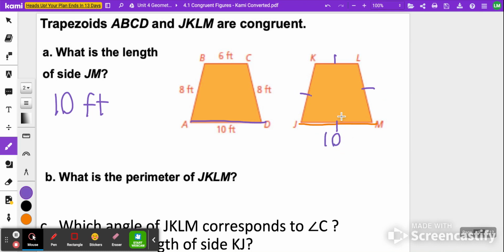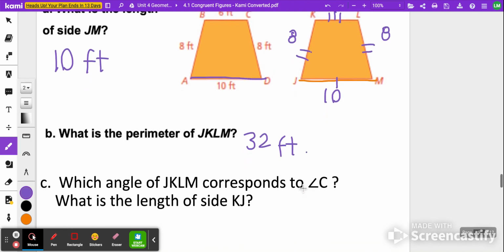Since these are the same as over here, we would just do 10 plus 8 plus 8 plus 6. 10 plus 8 is 18, 18 plus 6 is 24, and 24 plus 8 should be 32. I'm going to double check my math real quick, and that is 32 feet.